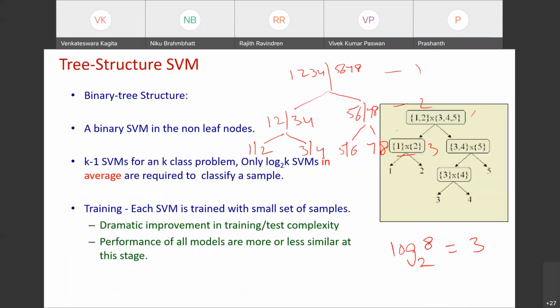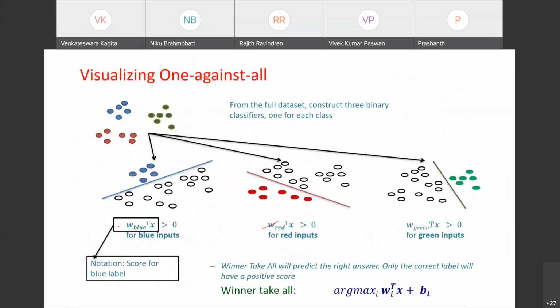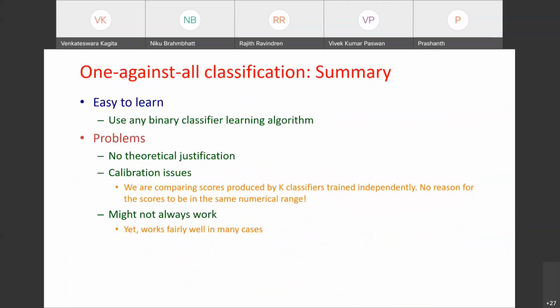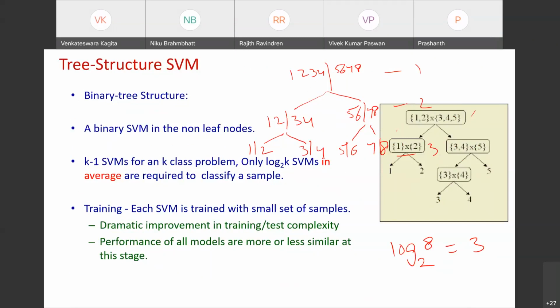If you see one against all, what are you saying? Argmax of W transpose x_i plus b. So they're trained independently, but you're comparing them at one place, right? But here you're not comparing them at one place. You're comparing them at different levels. So it is trained independently and also tested independently.